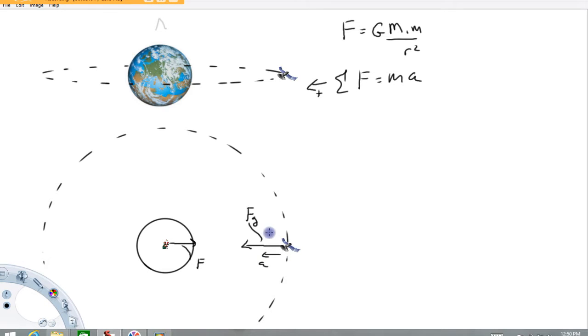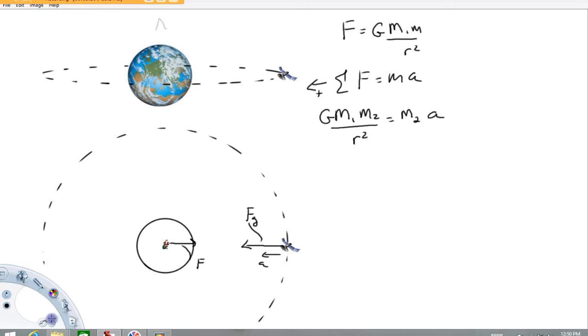The gravitational force is the only force on the satellite, so I'll use Newton's law of gravity, G m1 m2 over r squared, where m1 is the mass of the Earth. That equals m a, where the mass of the satellite is the one I'm calling mass 2, times a.